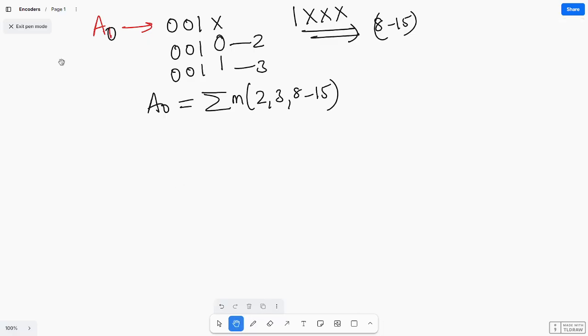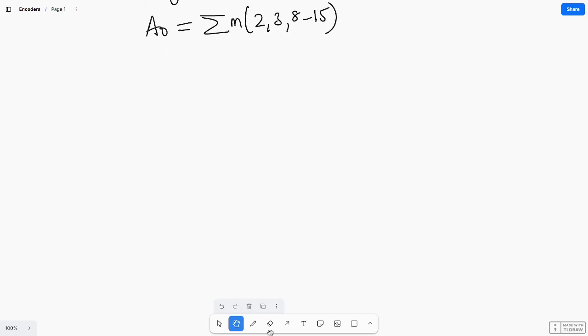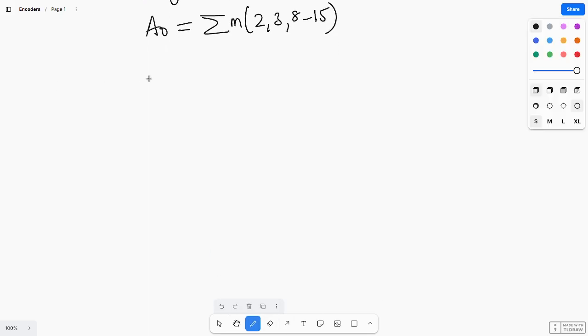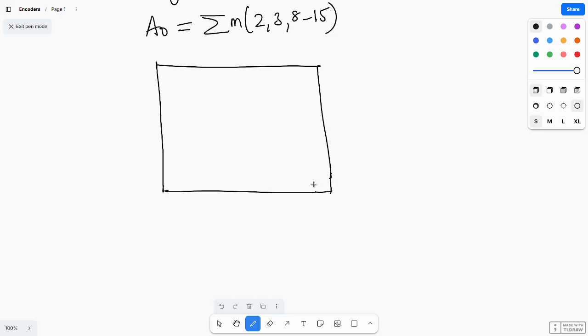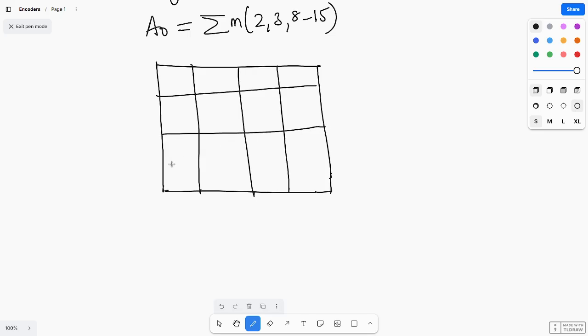Okay, so k map for a naught, how to draw? Okay, so here you see, so what are the inputs? Y3 Y2 Y1 Y naught.